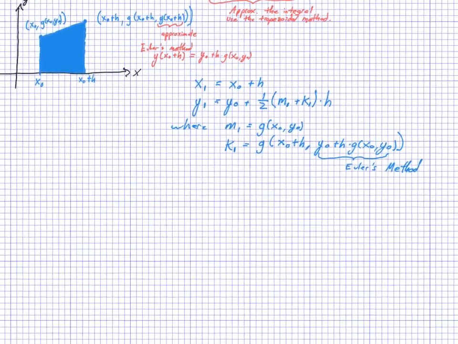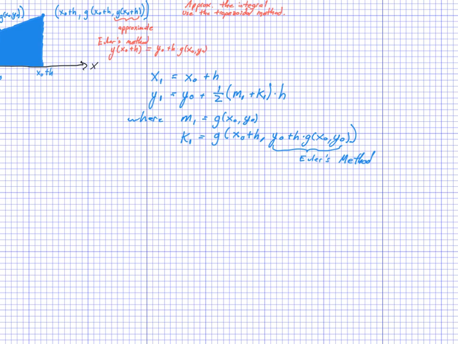Now that you have that, just move this over here, you can repeat, just like you did for Euler's method. So I'm going to say x sub n plus 1 is going to be equal to the previous x plus h.